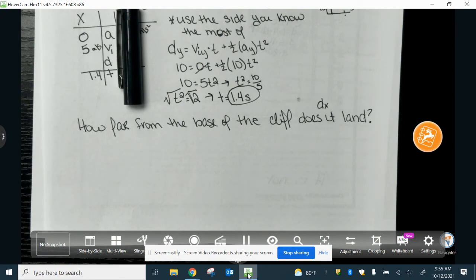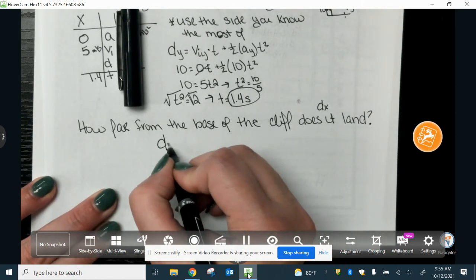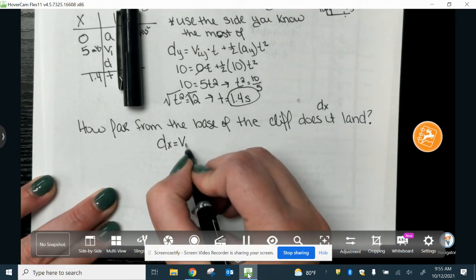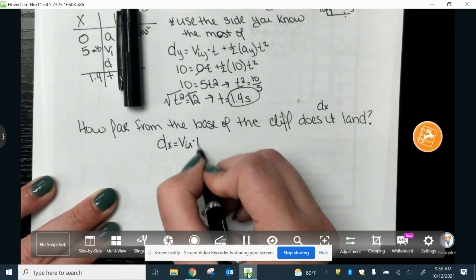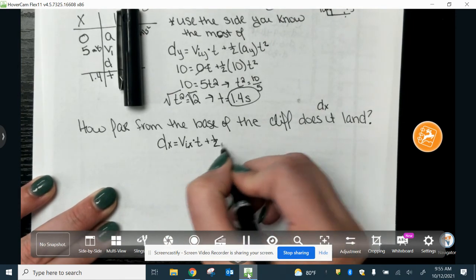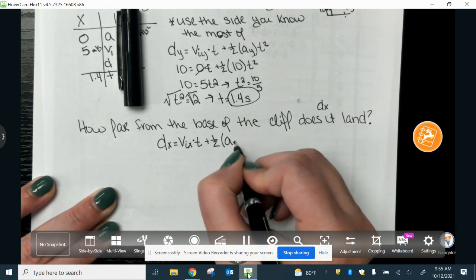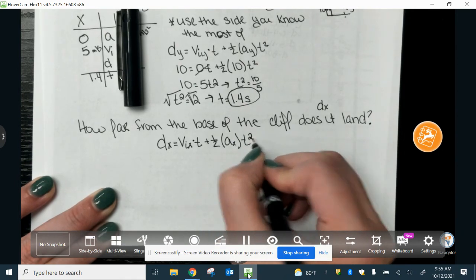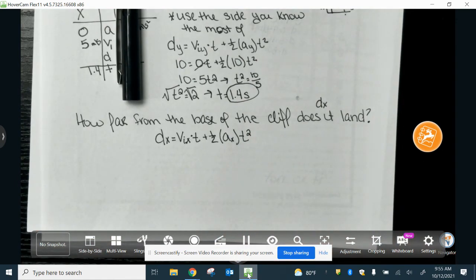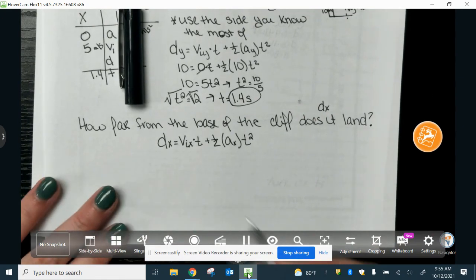I'm only going to use the stuff on my x side. So same formula, distance equals initial times time plus 1/2 a t squared. Now though, I'm only going to look at that x side.